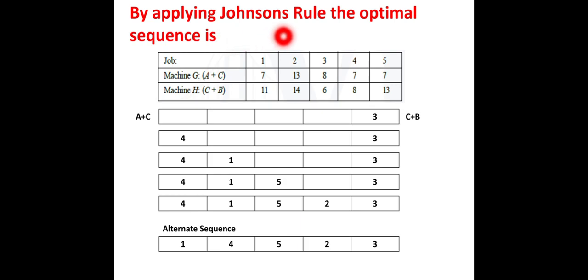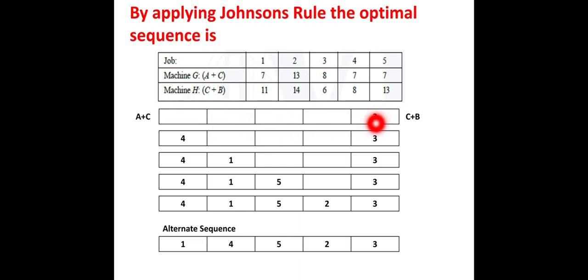By applying Johnson's rule, we find the optimal sequence. If you refer to the converted table, the minimum time occurs here. It corresponds to job 3 and machine H. Since it corresponds to machine H, we need to take it in this corner.